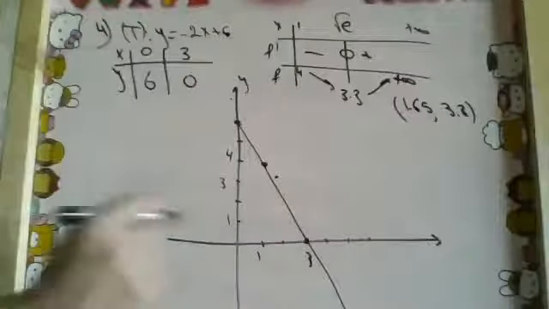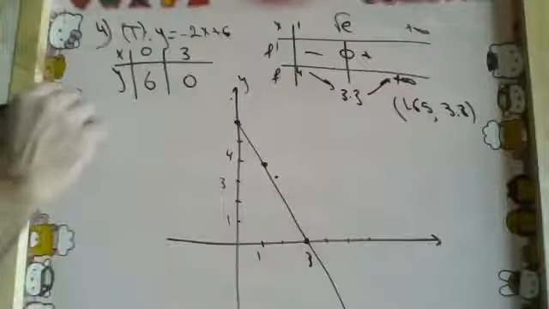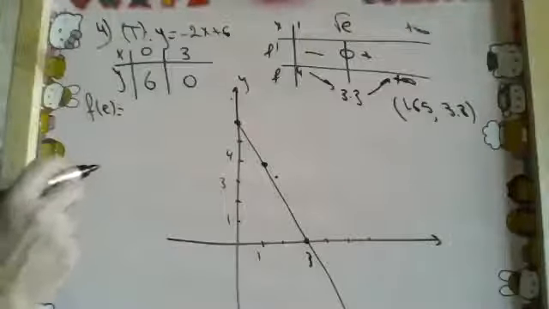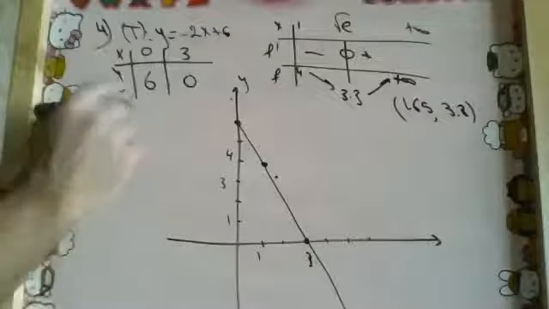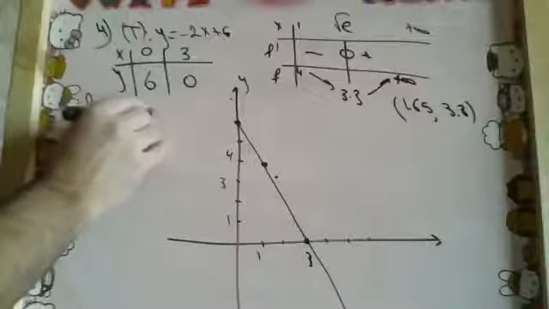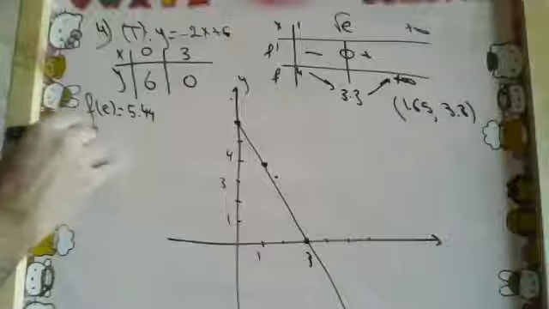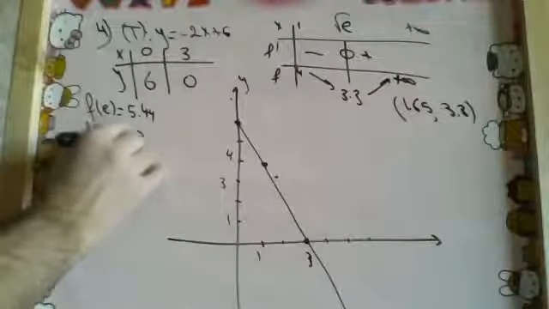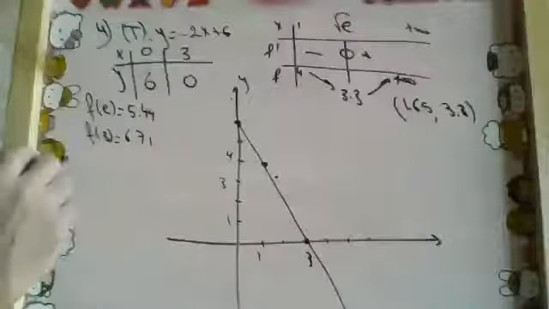Don't forget we have f of e. What did we get for f of e? 5.4. 5.4 and we have f of 3. What is f of 3? 6.71. These are particular points.